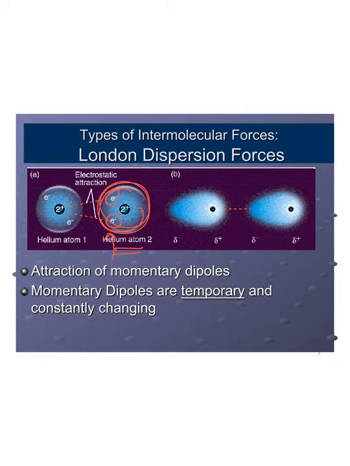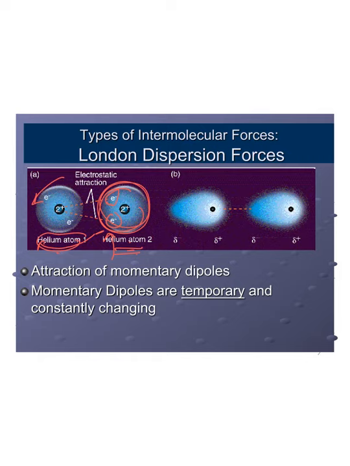And at that point, if this helium atom comes into contact with another helium atom, electrons don't like each other, do they? And so in that instant, those electrons in helium atom number 1 are going to go whipping over to the outside, away from the electrons from the first.